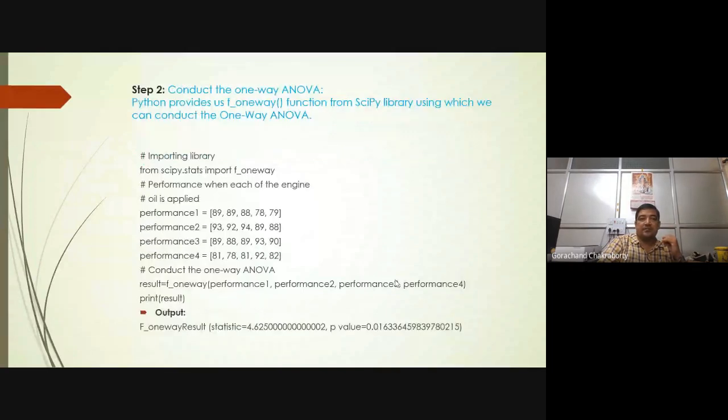These are four lists. This is the first step. In the second step, we conduct the one-way ANOVA. Python provides a one-way function from the SciPy library with which we can conduct the one-way ANOVA. This is the code, and this is the output.